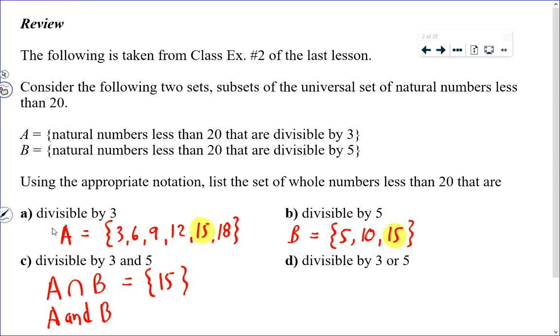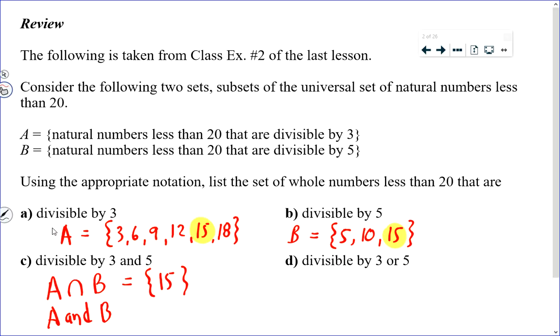Now, what about divisible by 3 or 5? I'll remind you that this includes all of the numbers divisible by 3, all of the numbers divisible by 5, and all of the numbers divisible by both 3 and 5.